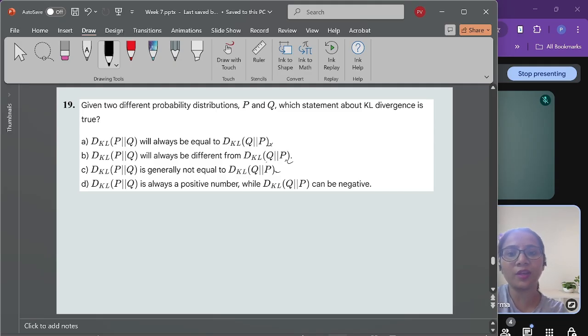So it should not be always equal; this is not a correct answer. Generally not equal, yes, this one can be correct.